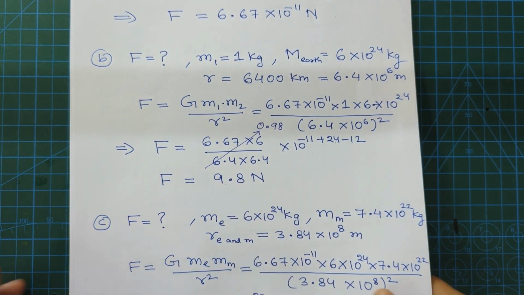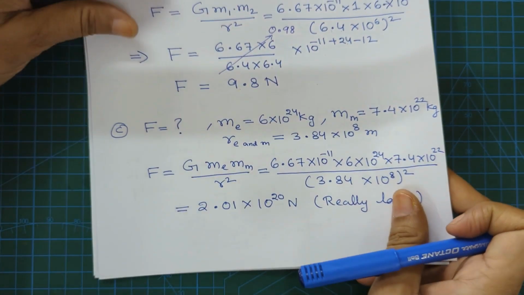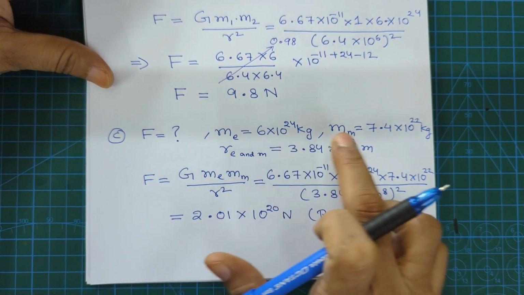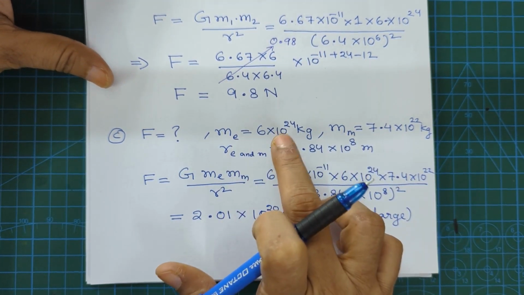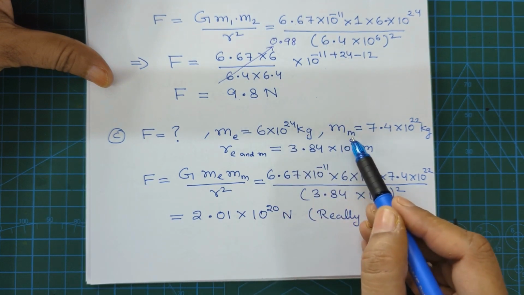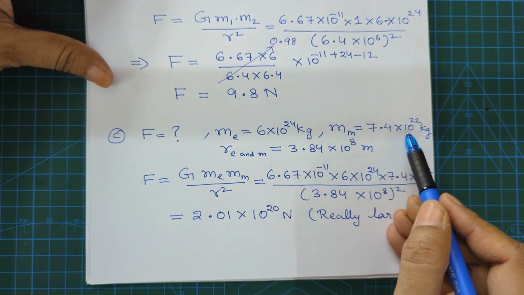So 9.8 newton. The third one: what is the force of gravity between Earth and Moon? The mass of Earth, as I said, we have to remember, is 6 into 10 to the power 24 kilograms. The mass of Moon is 7.4 into 10 to the power 22.